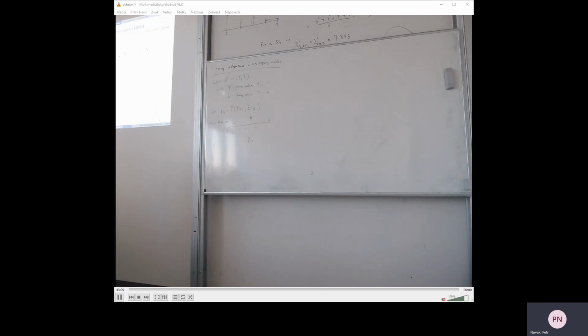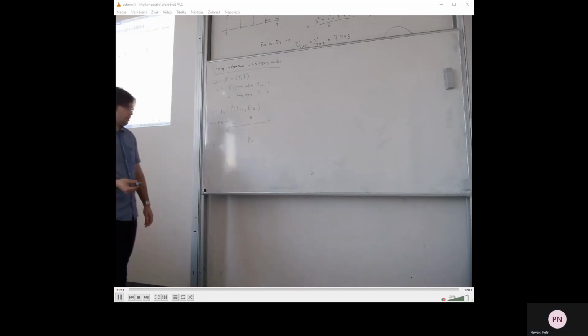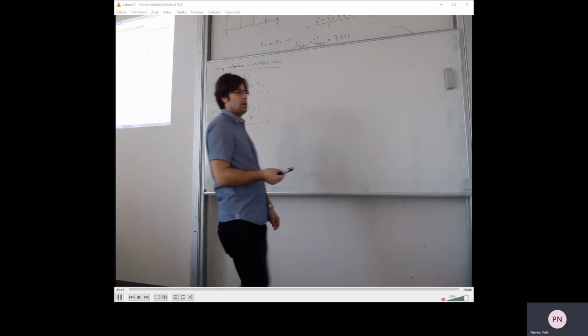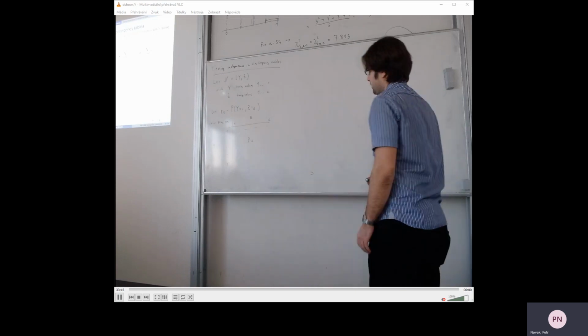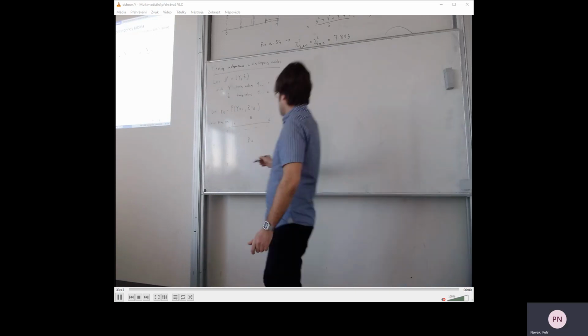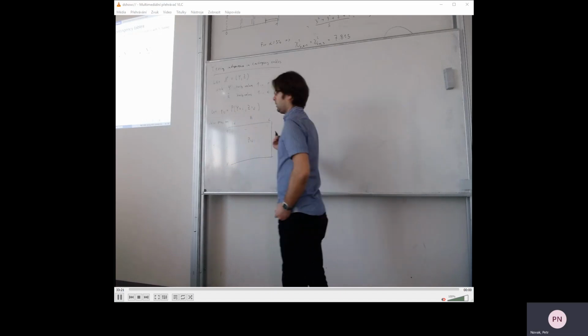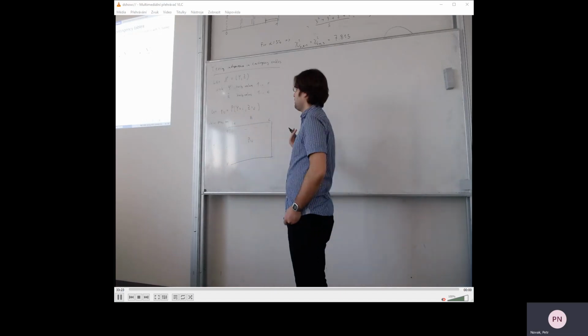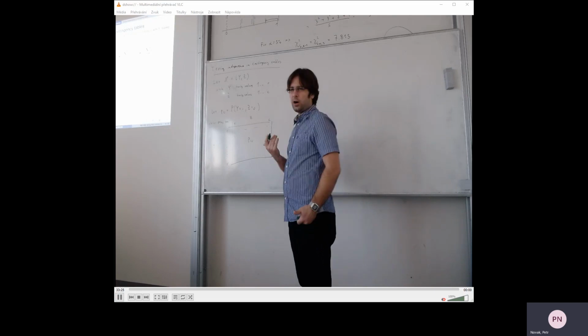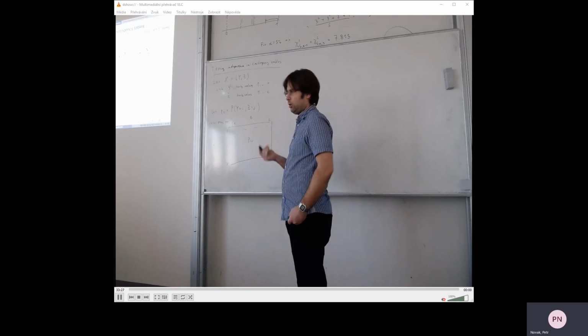Now, if we think about what we know about random vectors, we immediately can find the marginal distributions of each of the variables, right?